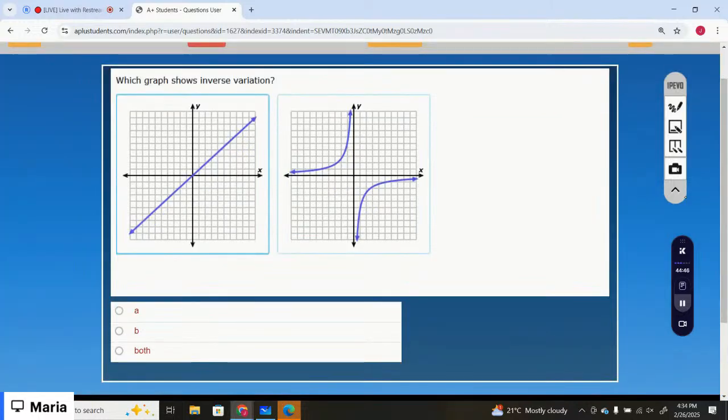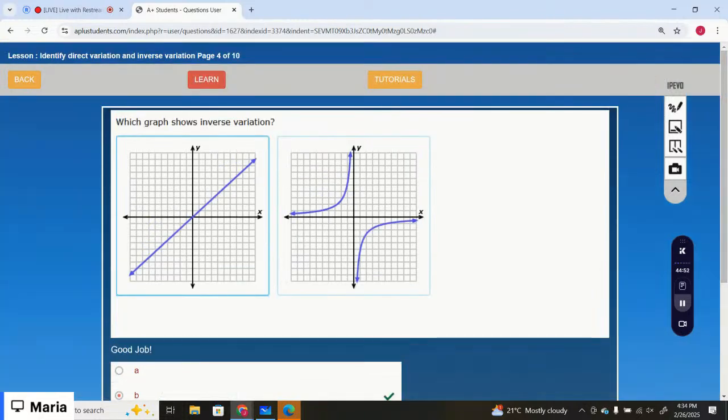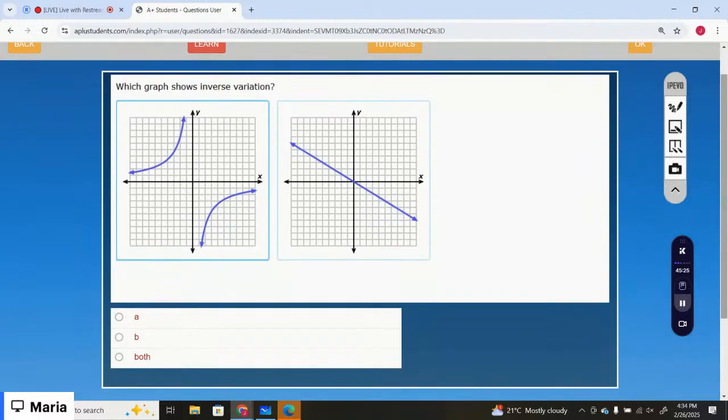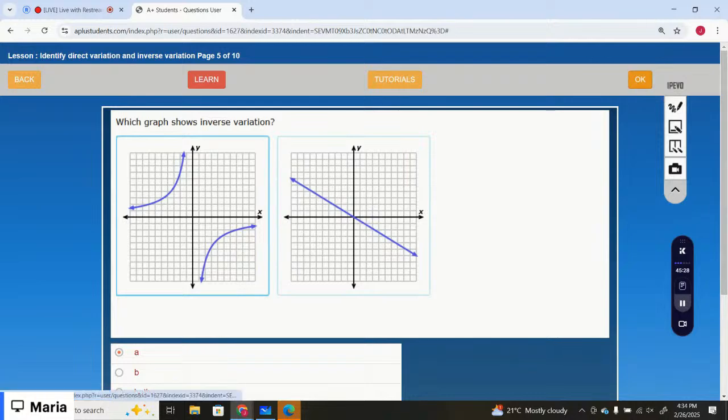Which graph shows the inverse variation? B is the correct option. Which graph shows an inverse variation? A is the correct option. A is the inverse variation.